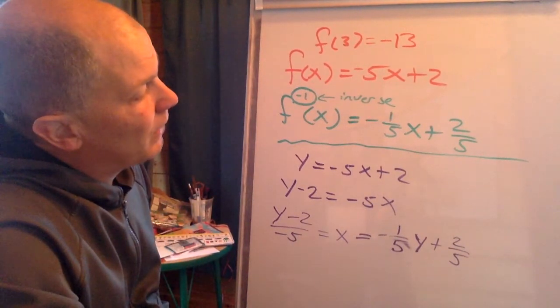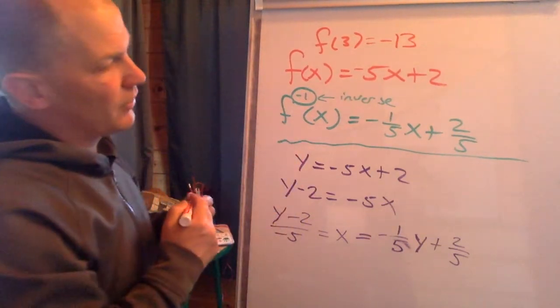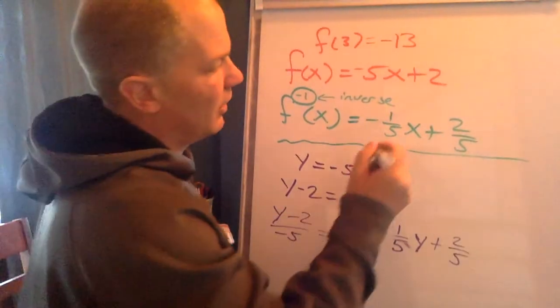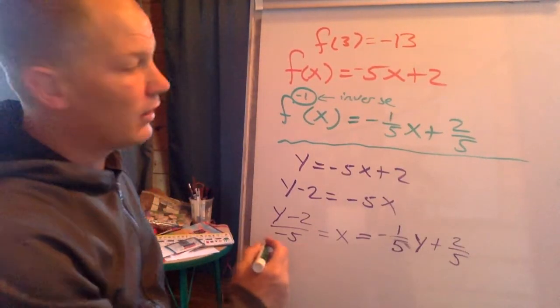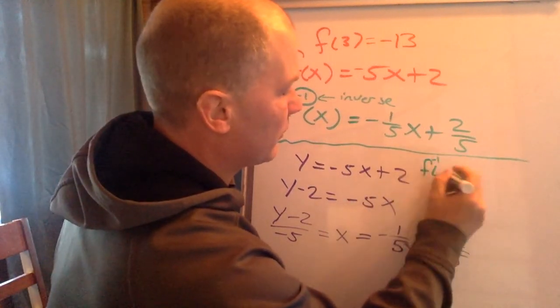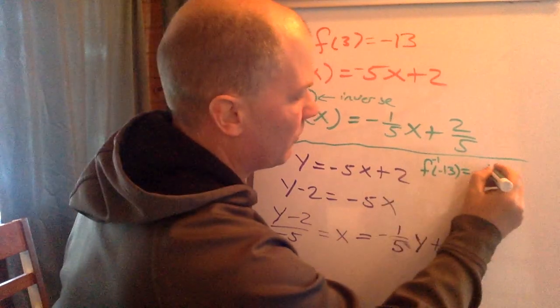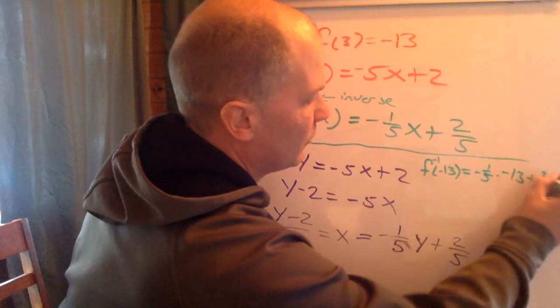And if I wanted to do the inverse, and I plug in negative 13, I better get an answer of 3. So where can I do that? I guess I'm going to just squeeze it in here. F inverse of negative 13 is negative 1/5 times negative 13 plus 2/5.